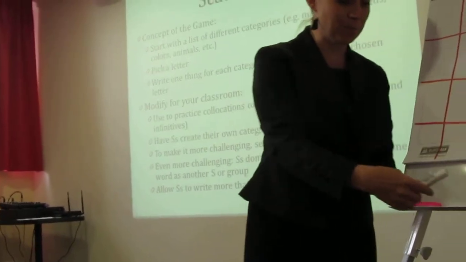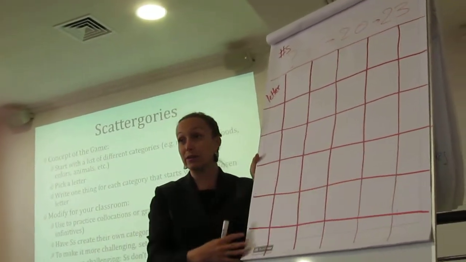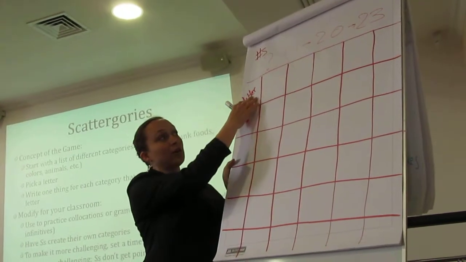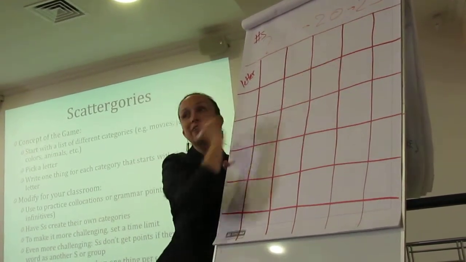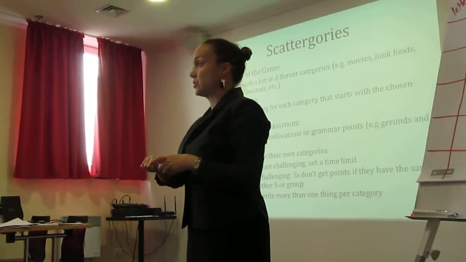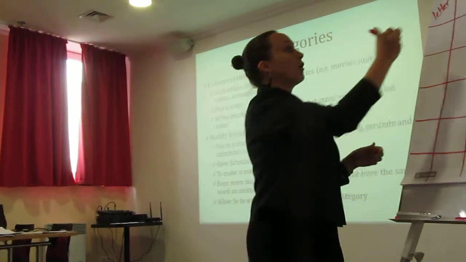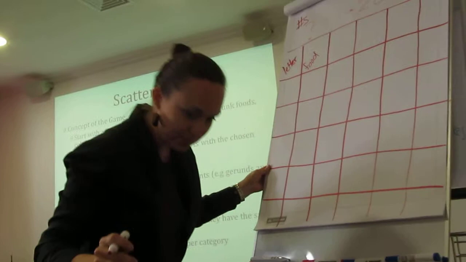So for example, if we were to create categories, you see on our board here, we have a room for a letter, and then we have space for categories. What category would you like to put for our first? Food. Okay. And then what would you like for our second?